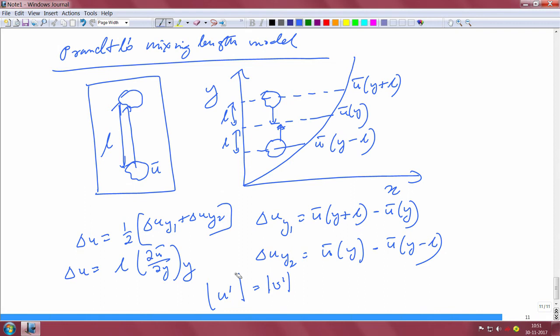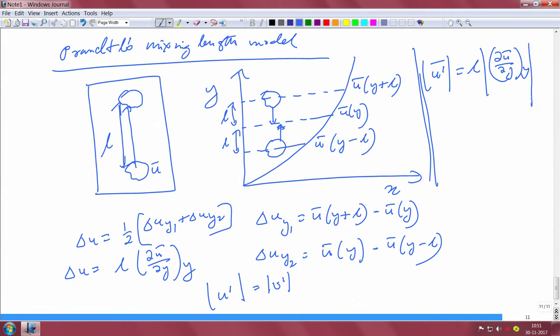If you take the absolute quantity of this, it will be equal to L du bar by dy evaluated at y, modulus of that, and therefore your v prime will also be equal to some constant C1 L into du bar by dy.